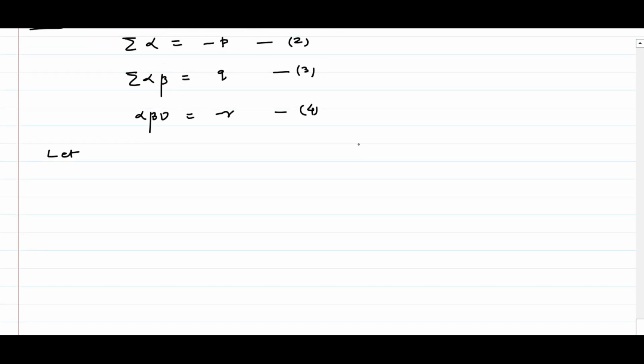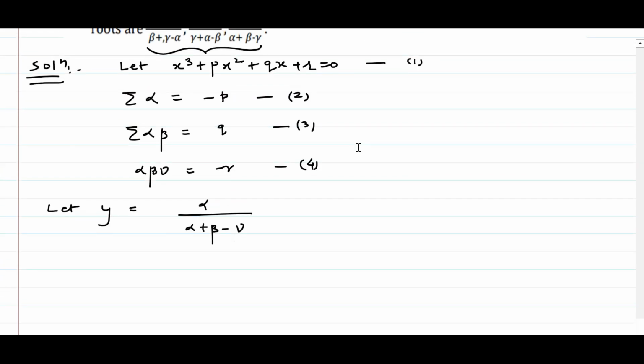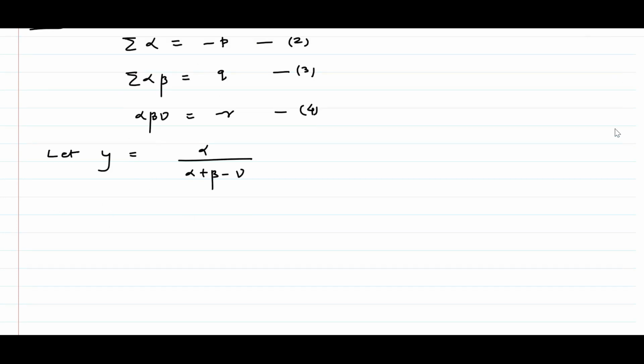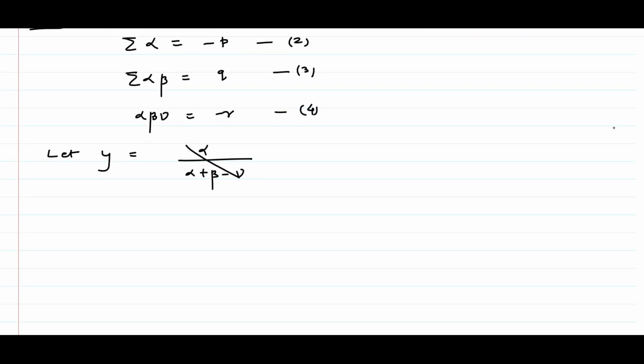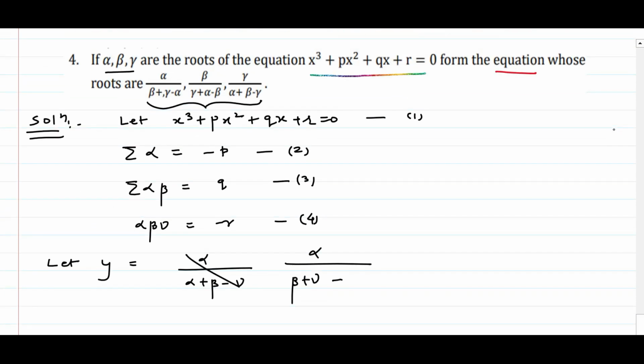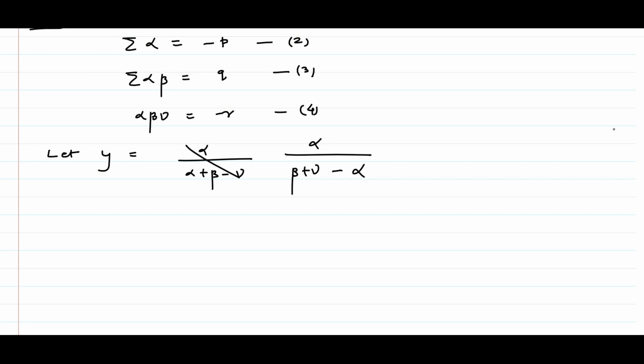So now we need to assume let y is equal to alpha upon alpha plus beta negative gamma. So now sorry, here it will be alpha upon beta plus gamma negative alpha. So now here we need to adjust.